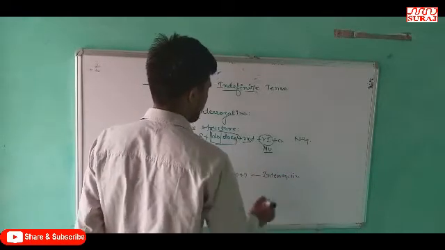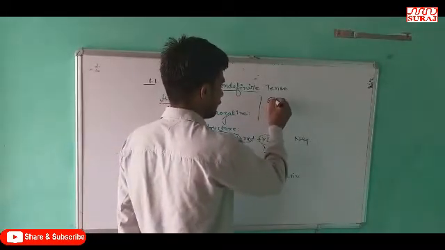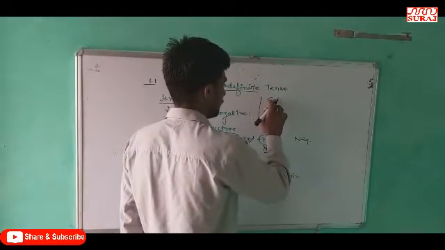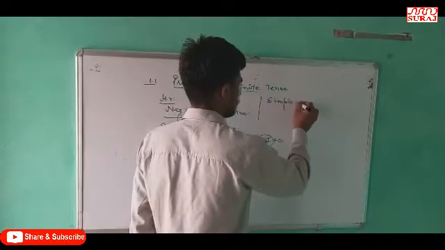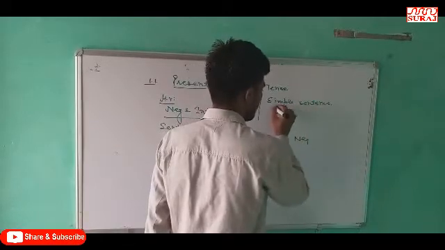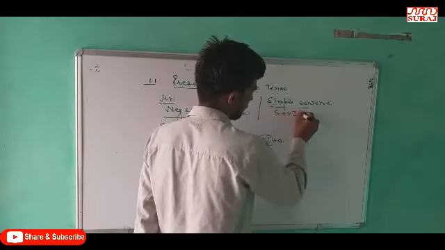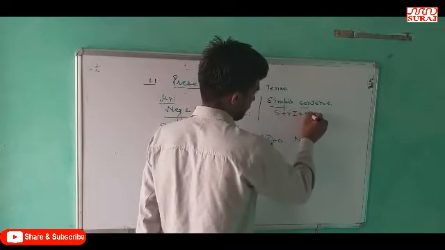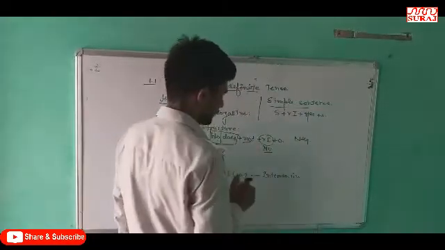Before interrogative and negative, it is also essential to draw the structure of simple sentence. Simple sentence: subject plus verb first plus s or es plus object and full stop.